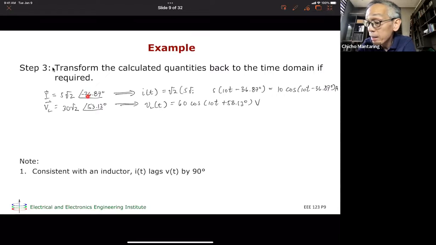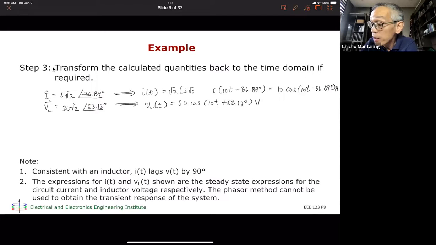My current here is at an angle of minus 36.87 degrees. That's the current through the inductor. The voltage across the inductor, the angle is 53.13 degrees. If you get the difference in angle between voltage and current, that is 90 degrees, and that's consistent with an inductor. In an inductor, the current lags the voltage by 90 degrees.